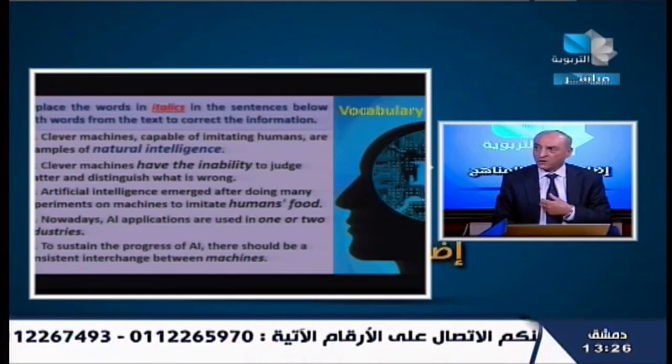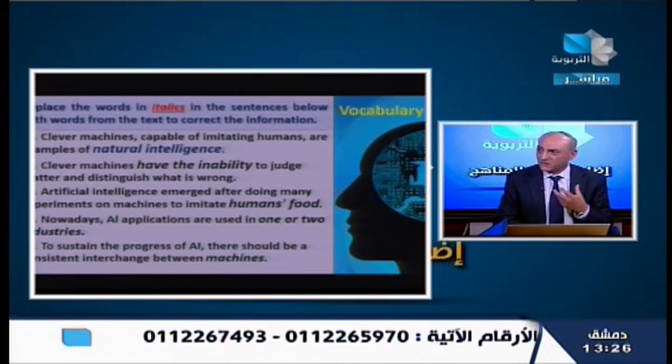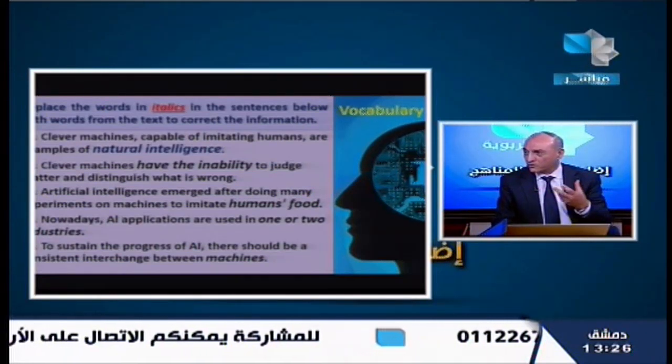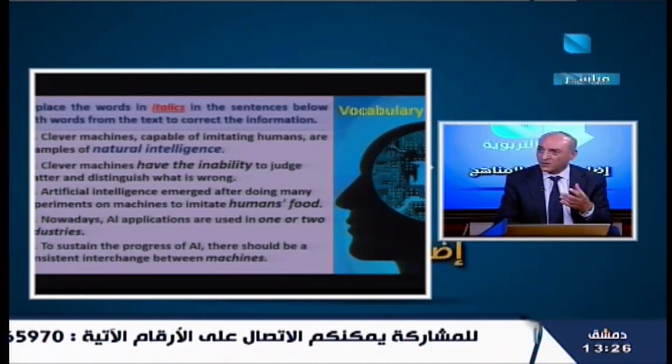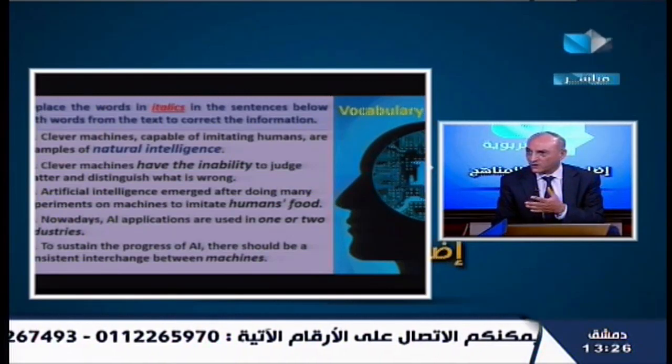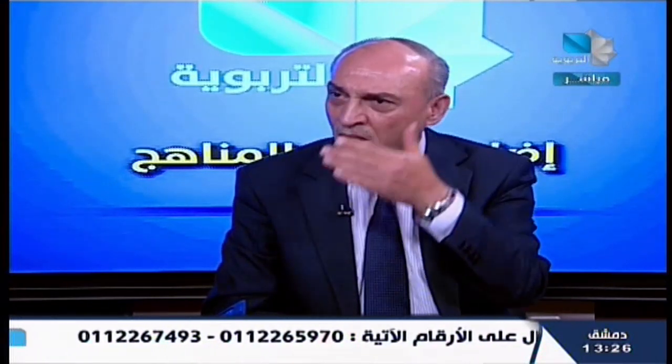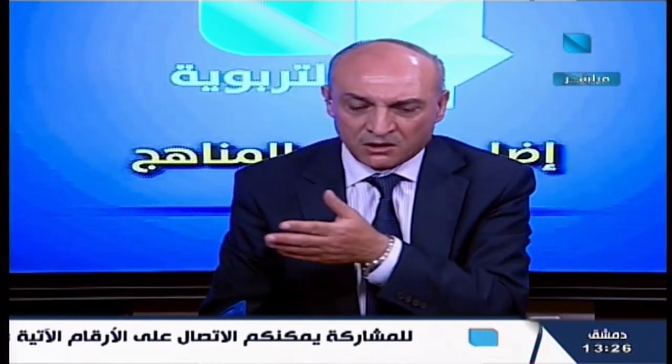If they want to correct the information, they must understand the main ideas of the text. It's not enough to know how to translate the words or to give the meaning in Arabic, for example, or to learn by heart the meaning of the word in English. Because I know that many students during the year spent many hours learning by heart the meanings of words in English. Sure, it was a wrong strategy, I think. Yes. Okay.